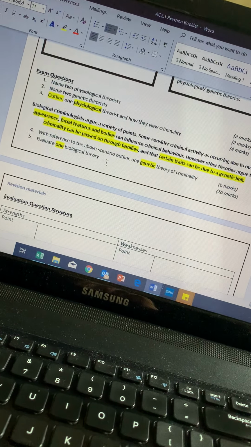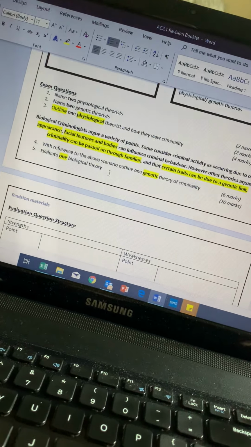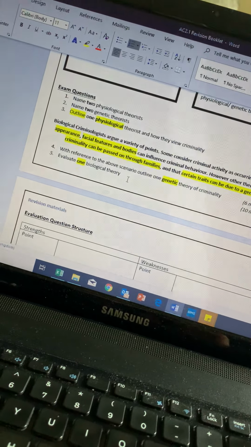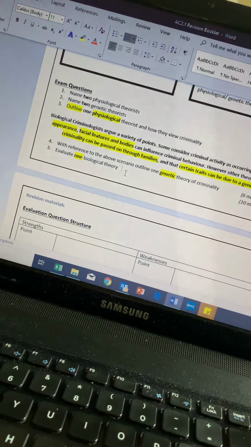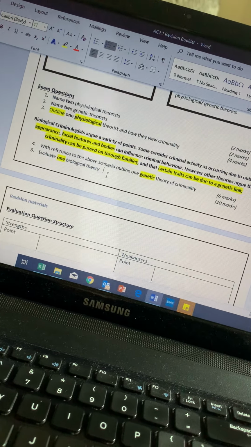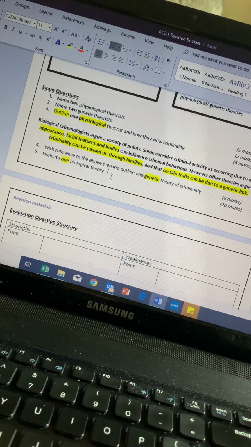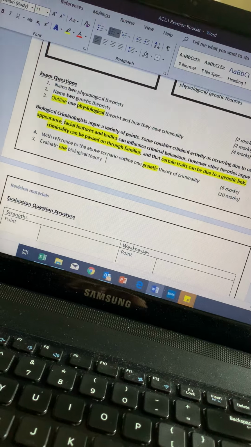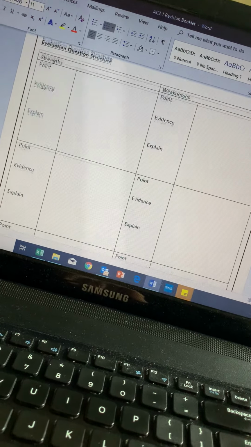If you've done more than 1, they'll only mark your first one. On the model, I've done a model for Lombroso and a model for Sheldon, because I think those 2 are the more common ones to be answered. But if anyone does want models for the other 2, just drop me an email and I can send you one across for that.